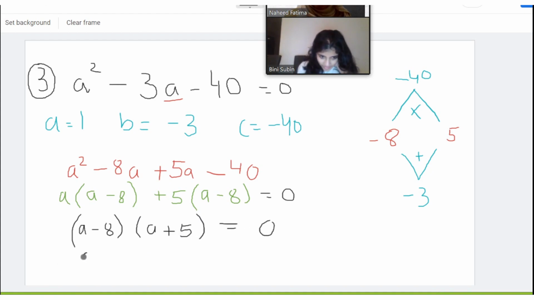See, you'll be writing a minus 8 is equal to 0 or a plus 5 is equal to 0, right? So when you shift minus 8 to that end, what will happen? Negative will become positive, right? Yeah. So you'll be getting a equals 8. And here it will be a is equal to minus 5.